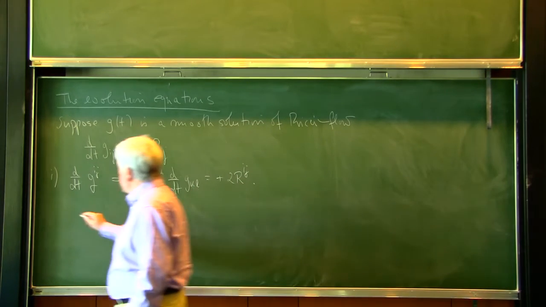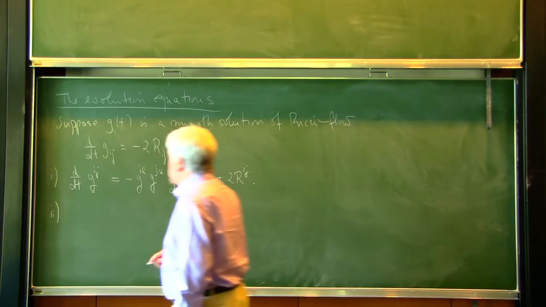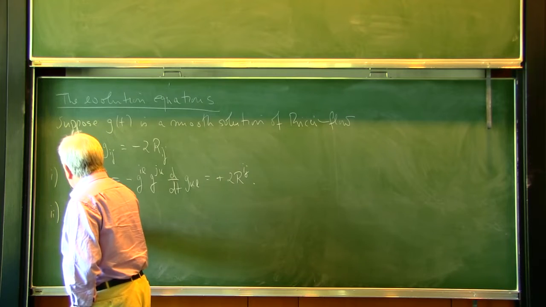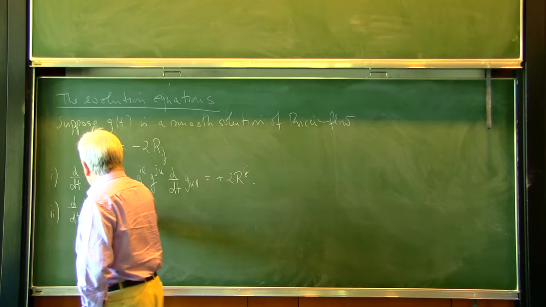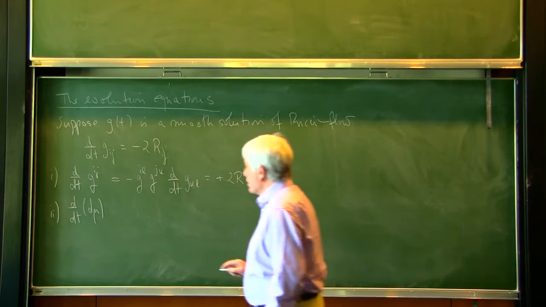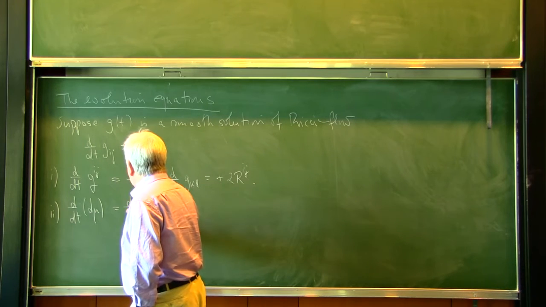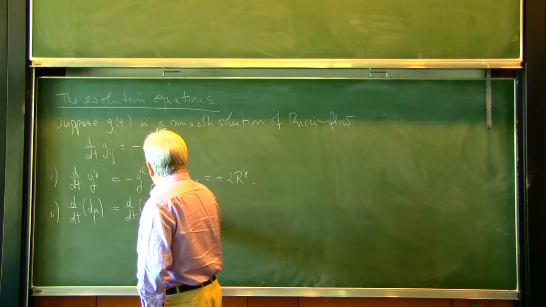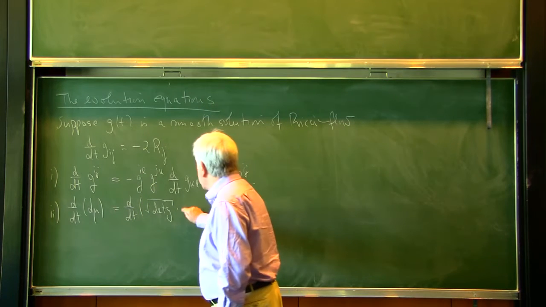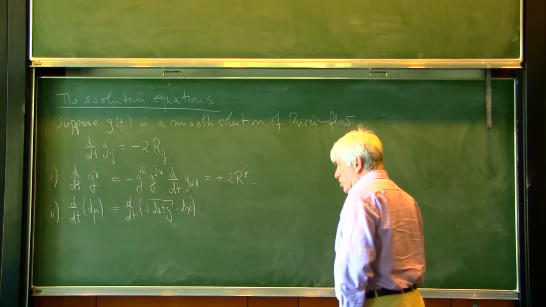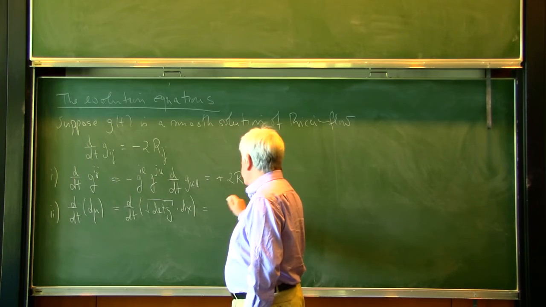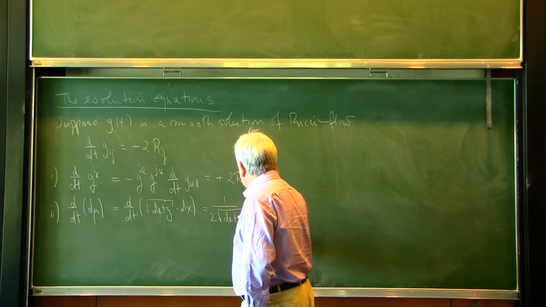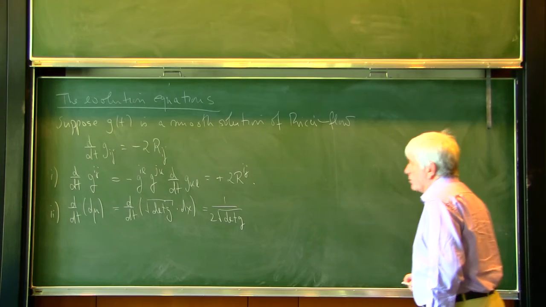And a similar easy computation is the change in the volume. So if you take the volume form to be dμ, then in some local coordinate system this would be d/dt of the square root of the determinant of the metric g_ij times dx, which we can compute as 1 over 2 square root of the determinant of g times the derivative of the determinant.